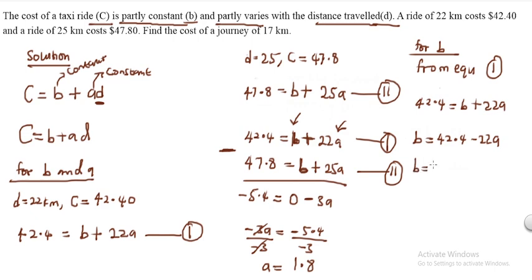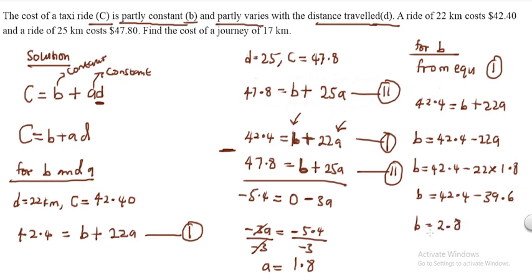So b is equal to 42.4 minus 22 times, now the a value is 1.8, so this is 1.8. 22 times 1.8 is 39.6. So b is equal to 42.4 minus 39.6, which is 2.8.